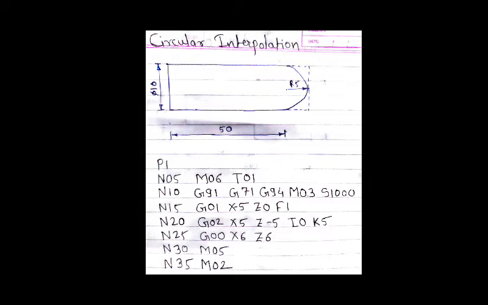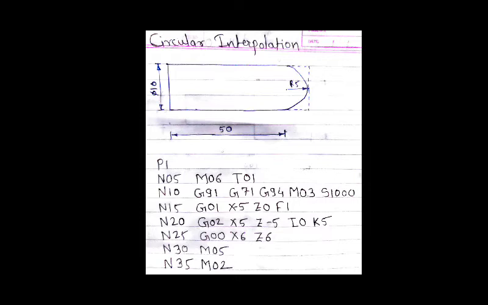G71 is for stock removal in turning, since we are performing a turning operation. G94 is feed per minute. M03 is for spindle clockwise direction, and S1000 means the spindle speed is 1000 rpm.